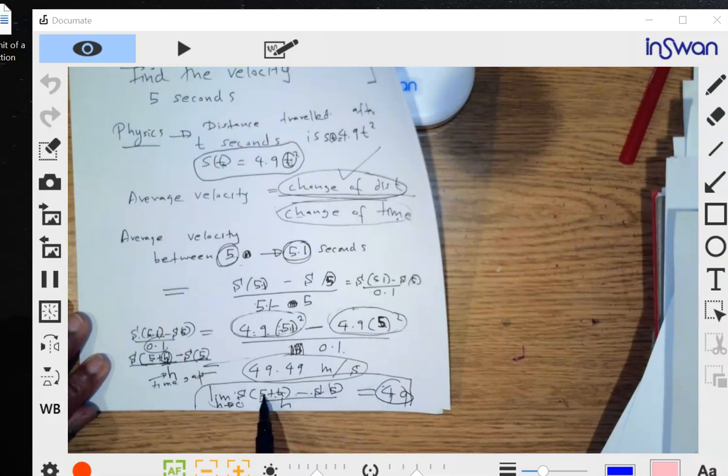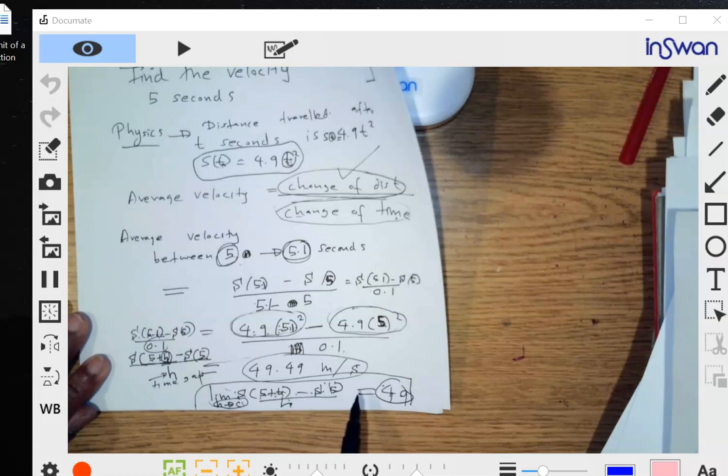You consider the distance at 5 plus h, a small change in time, subtract the distance at 5, so that is the change of distance, divided by the change of time, which is just h. And we send that change of time to 0, the limit. It never really becomes 0, it's coming very close to 0. This average velocity heads towards 49. This is the idea of limit.